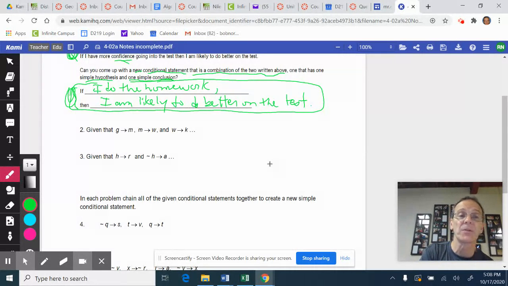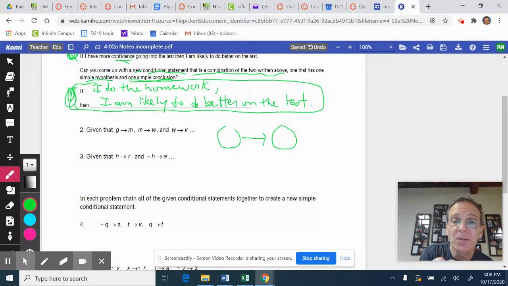Okay. Now, these are not written in English, these are written in logical symbols. If G implies M, and M implies W, and W implies K, I want to come up with a single conditional statement, one simple conclusion, just one letter here, and then one letter here.